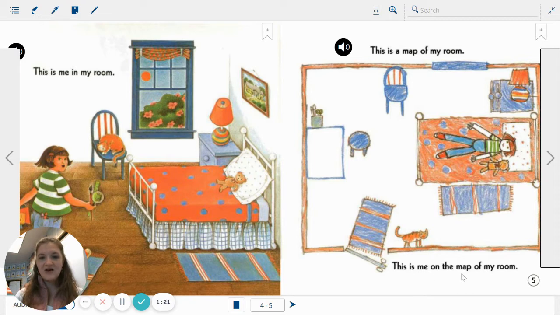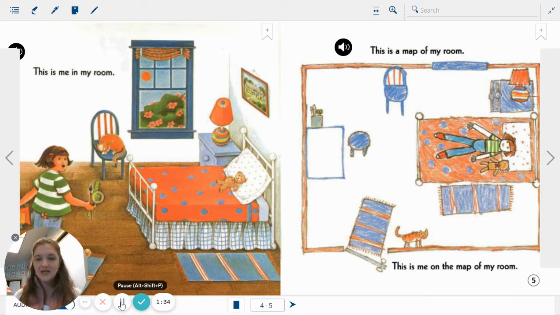This is me on the map of my room. Now notice here that this picture is showing what her room looks like from up on the ceiling. Okay, remember we talked about how maps usually show what things look like from above. Can you recognize what she has in her room?